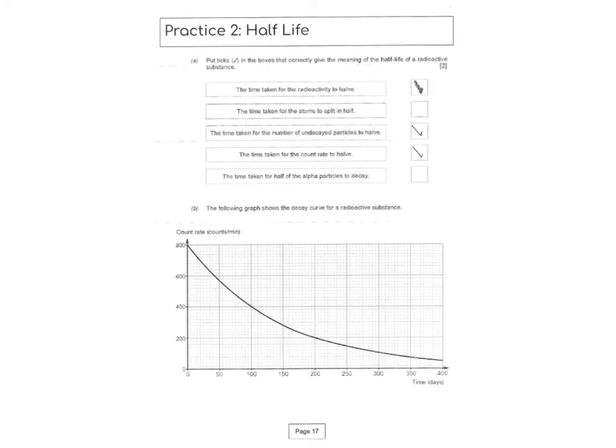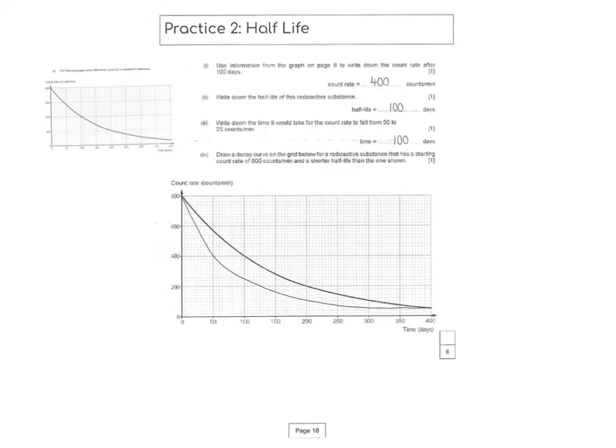Second question, half-life. Put ticks in the boxes that correctly give the meaning of half-life of a radioactive substance. So we're looking for the time taken for the number of undecayed particles to half, and the time taken for the count rate to half. Then we've got the graph shows the decay curve for the radioactive substance.